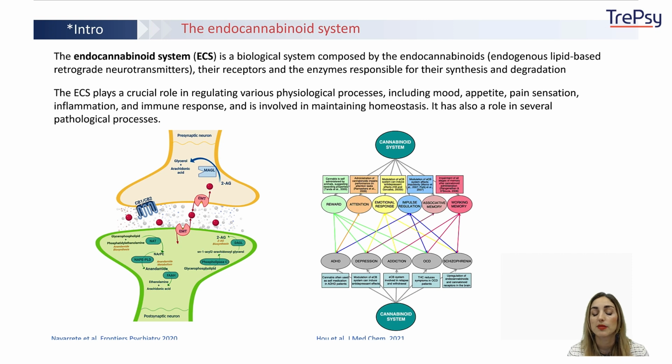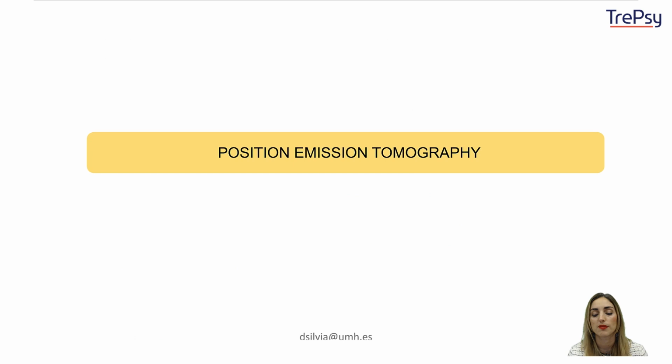The authors especially put the attention, in the context of physiological processes, on the reward network, attention, emotional response, impulse regulation, memory, and associative and working memory. But also, as far as pathology, it has been involved in several of them: ADHD, depression, addiction, OCD, schizophrenia, and so on. For a complete list, I refer you to these two very nice recent reviews.